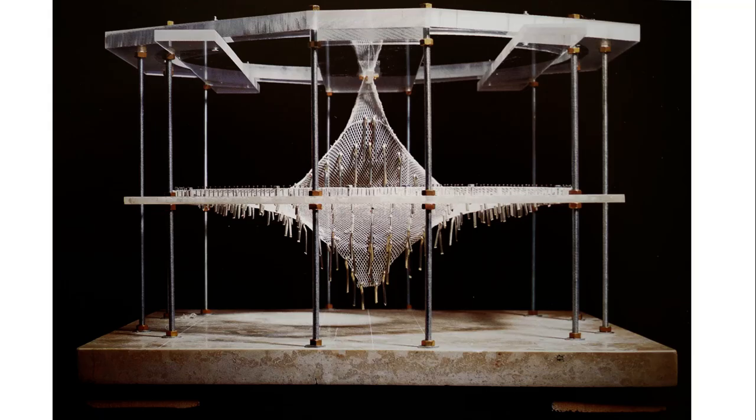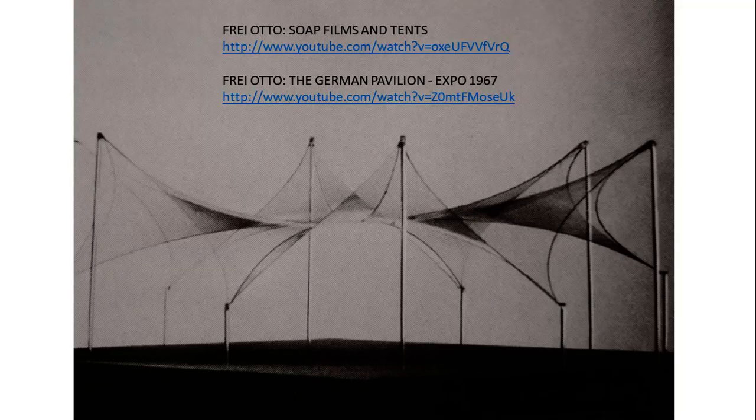So they would make physical models, a bit like Gaudi's catenary curves, but hanging nets and seeing how they develop by pulling on different parts of them, and then measuring exactly the sizes and the shapes and forms that they could develop. Again, these references are also in your bibliography.